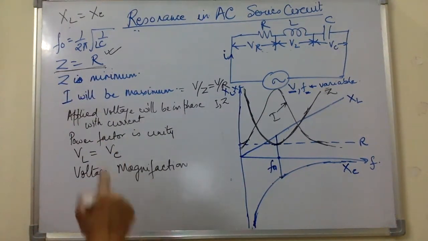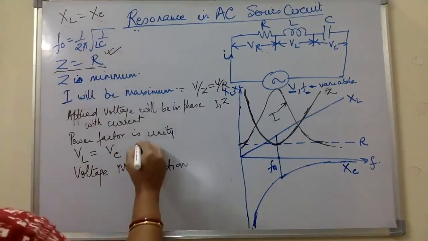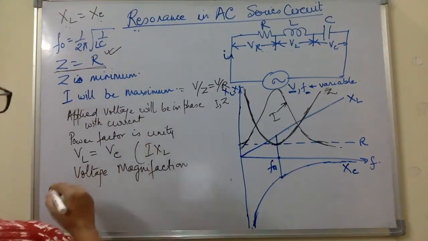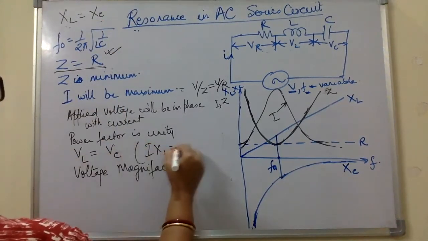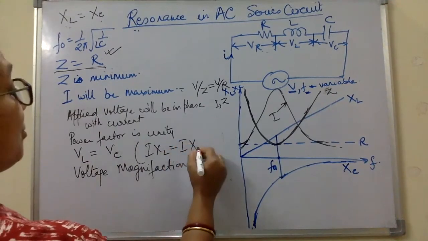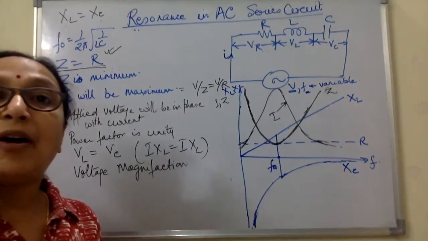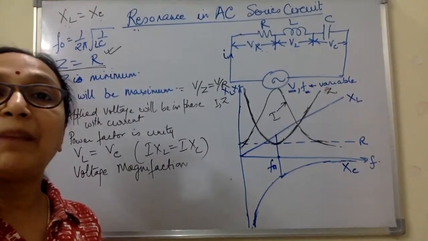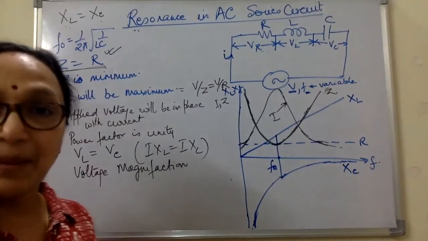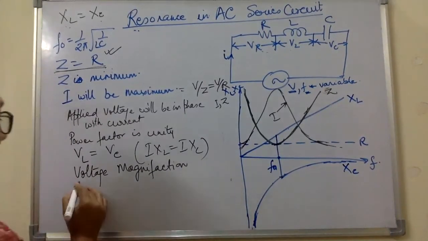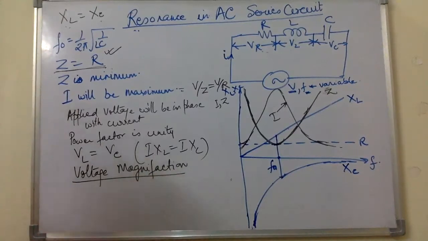At resonance, because XL is equal to XC, the voltage across the inductor will be equal to the voltage across the capacitor. And the voltage across the inductor or the capacitor will be much more than the supply voltage. Hence, voltage magnification is taking place under the resonant condition.